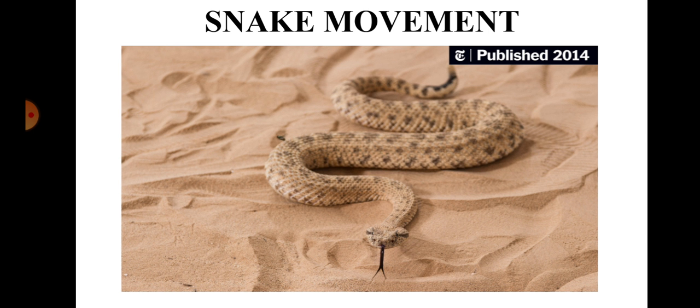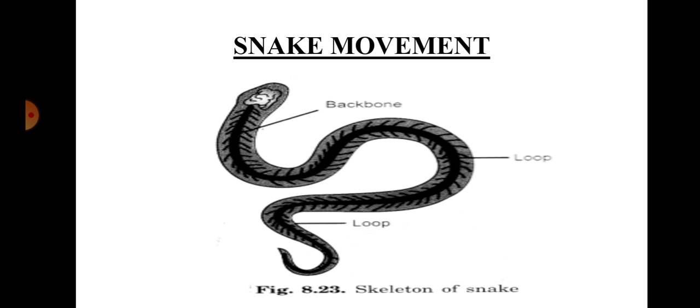A large number of vertebrae or backbones and associated muscles push it forward. The ventral scales also help in the process. Presence of long backbone and thin muscles. You see the picture. Loops made by its body help in moving forward.